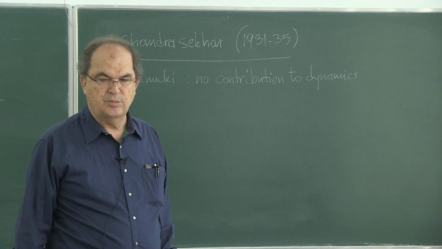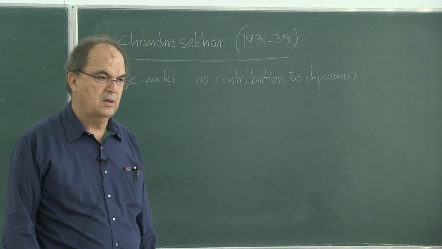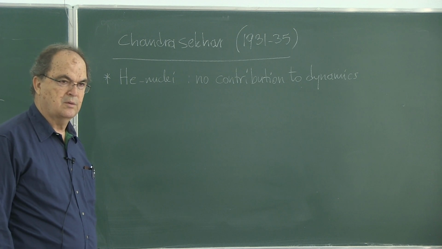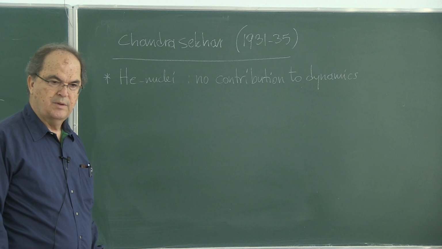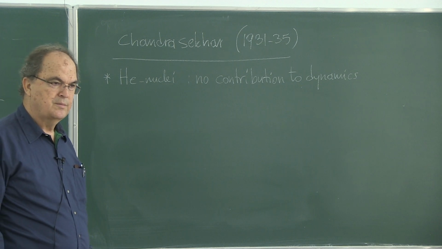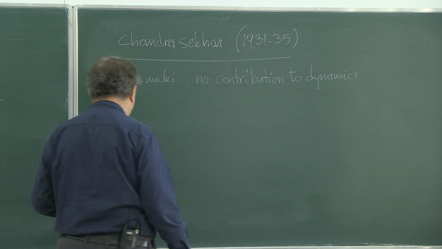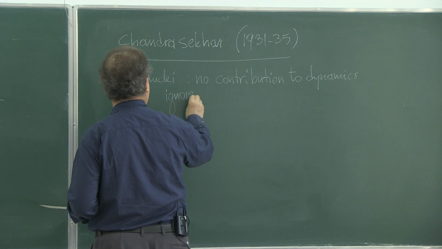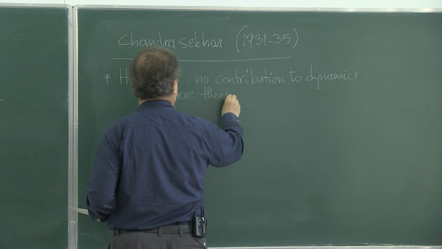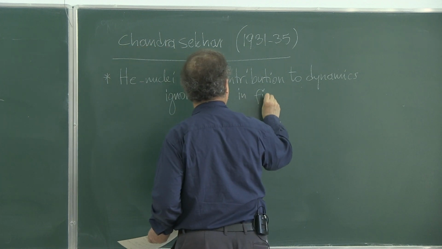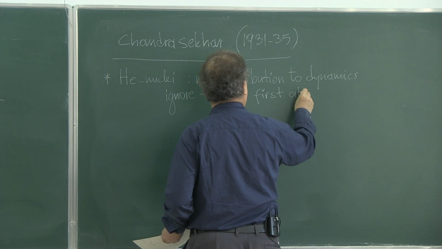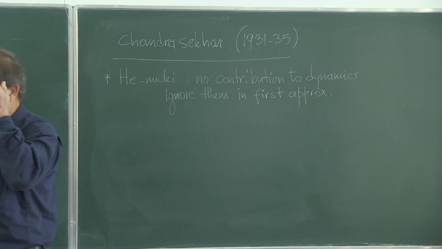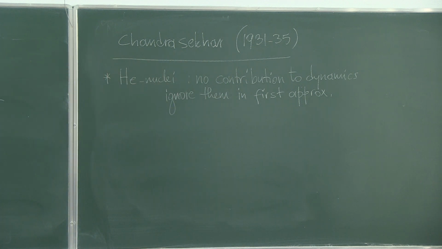So they are not going to move much compared with the electrons. They are going to move, but not as fast as electrons. So the dynamics will be dominated by the electrons. So ignore them in first approximation. You can include their contribution if you like later.